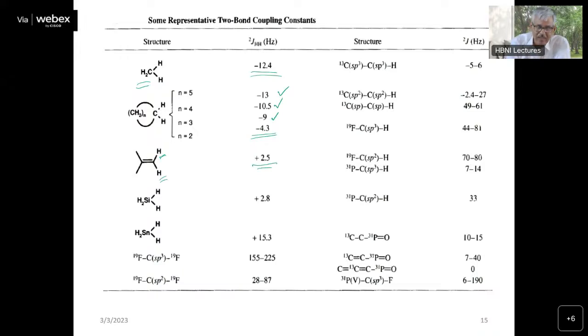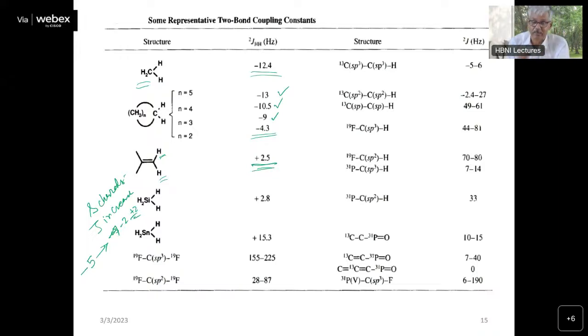When the S character increases, the coupling constant J value increases. So if the J value was negative, let us say negative 5, it is increasing, so automatically this value will not be minus 7; it will rather be minus 2, or it can even become plus 2. So that is the case.